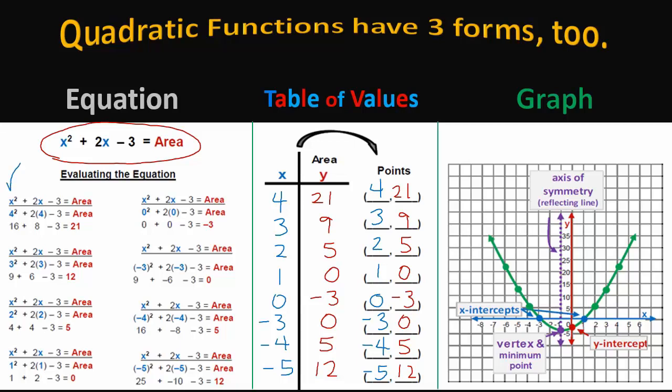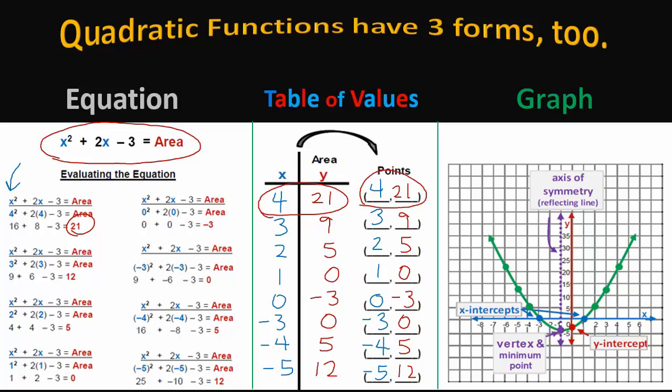In the first example, we have put in 4 for x. We do the work of that equation, and we see that our area is 21. We can then put the 4 and the 21 in our table of values, which is also creating a point.